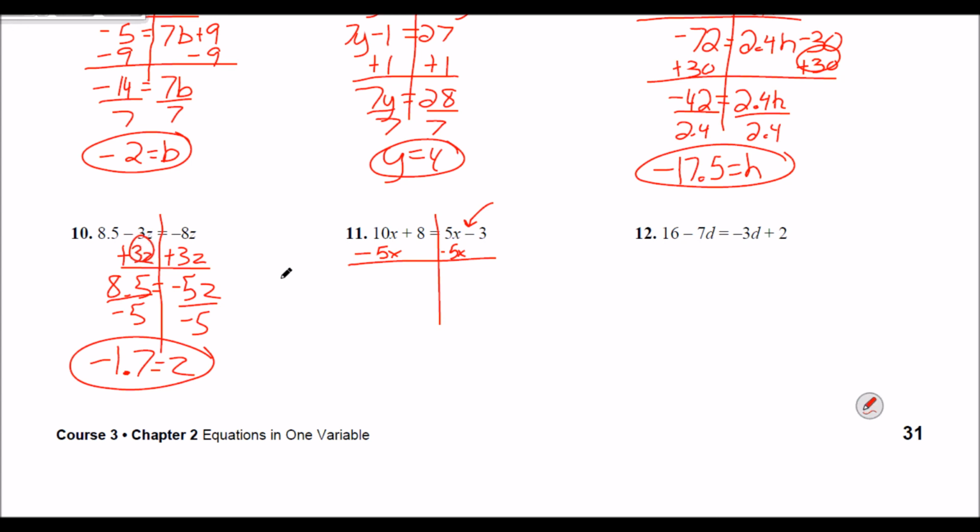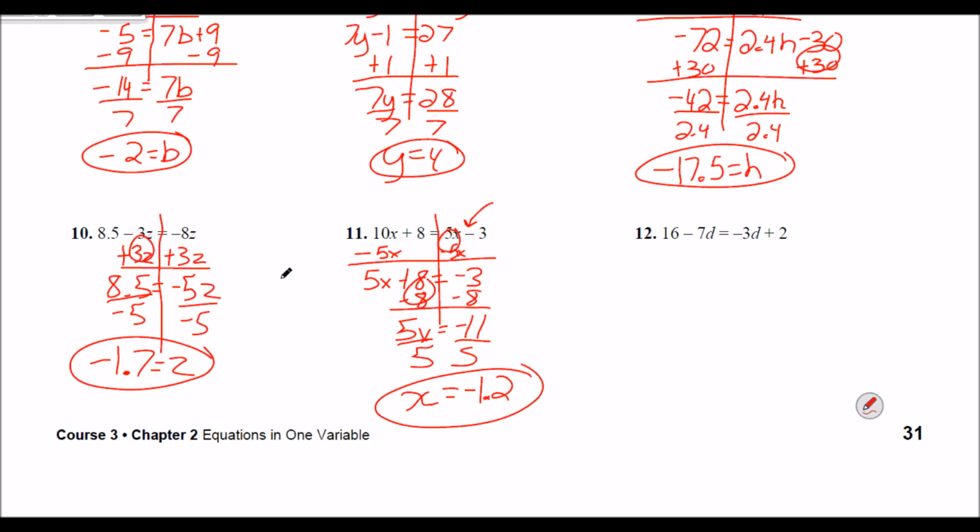So always pay attention to what's in front of it or on the left side of whatever you're trying to move. All right, the 10x minus 5x becomes 5x. The plus 8 drops down, and the subtract 3 becomes negative 3. I subtract 8 on each side, which leaves us 5x is equal to negative 11. Divide each side by 5, and we end up with negative 1.2.